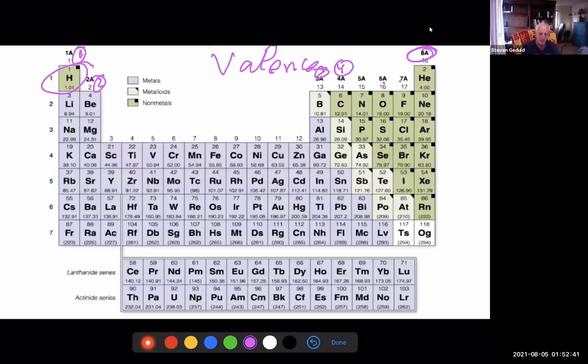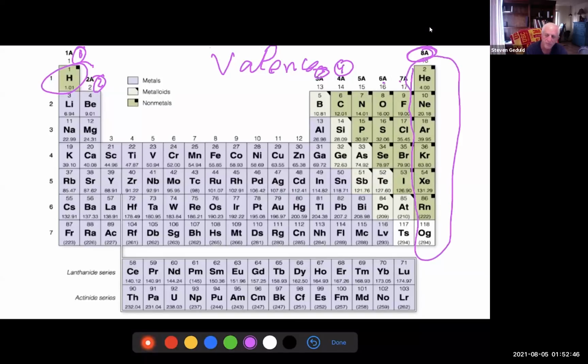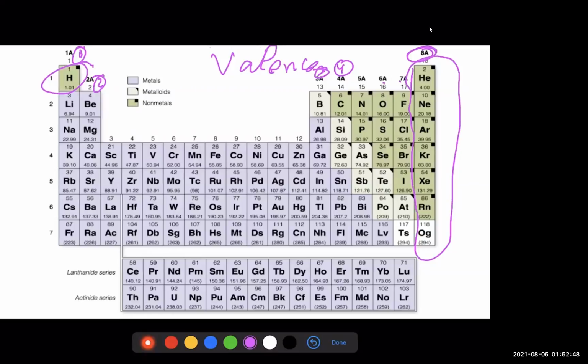So all these are your noble gases. Everything wants to be like a noble gas. They want to have 8 valence electrons. So just look at your periodic table, you can tell what valence electrons they have. Now, if you look at this middle section, I kind of skipped over from here to here.